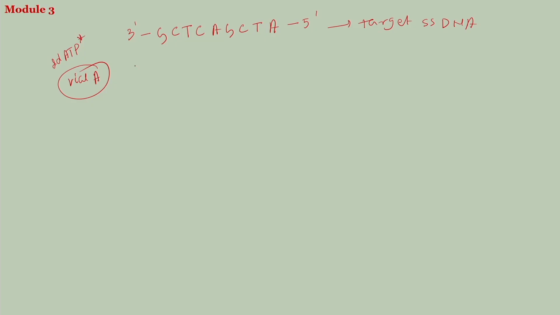So what are the fragments that you are going to get in vial A? 5 prime. It will stop wherever there is a possibility of picking up A. So this should be C, this should be G, here is the possibility of picking up A, and it will stop there because it does not have the 3 prime hydroxyl group, and it will show you the radioactive label. That is the first fragment.